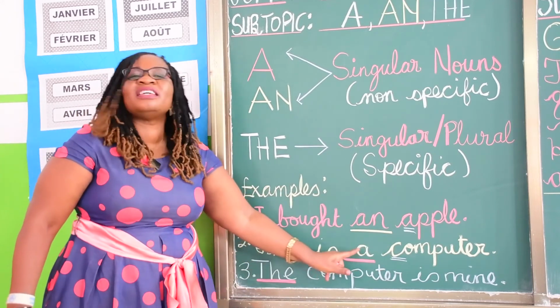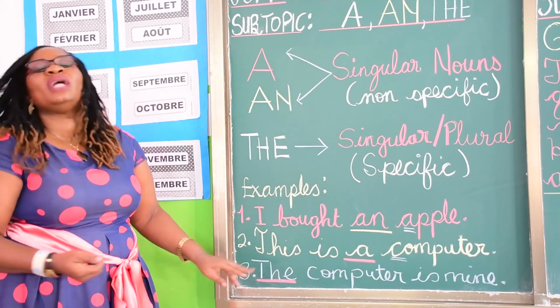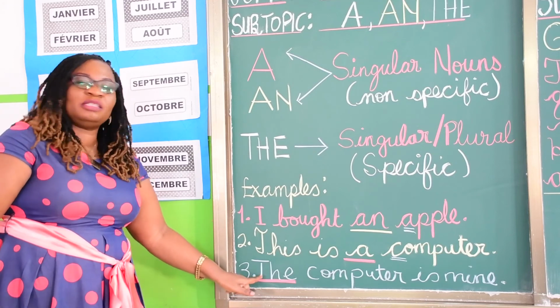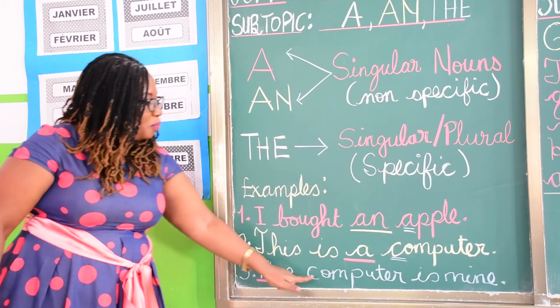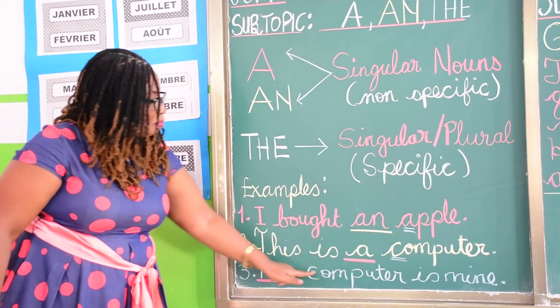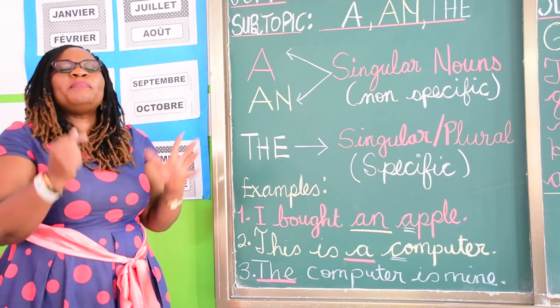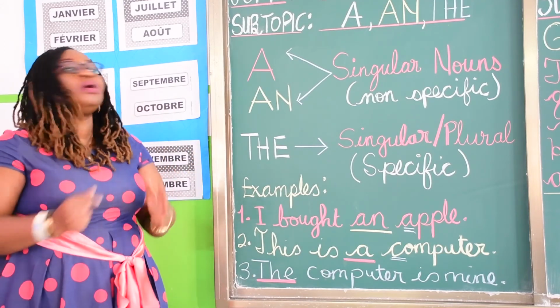Now, let's look at the third one, when our elder brother the is being used. The computer is mine. You see, I'm now referring to a particular computer, not all the computers.